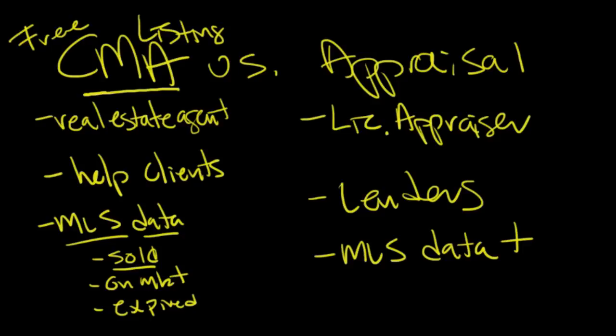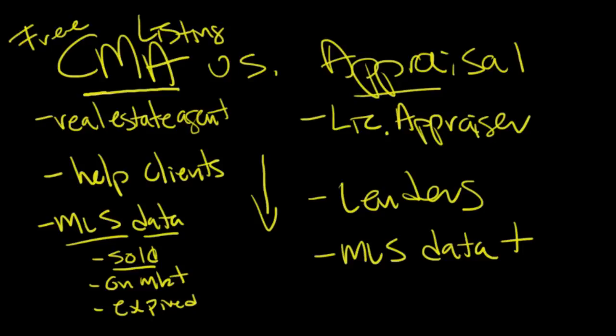A licensed appraiser, however, does an appraisal, and sometimes these numbers come out different. You may have done a CMA when you listed the property, and then you have a buyer that comes along and makes an offer, and the offer is backed by a lender who's helping them buy the property. And then the appraisal comes along, and the appraisal is way lower than the agreed upon price. In this case, you might say, well, I have my CMA.